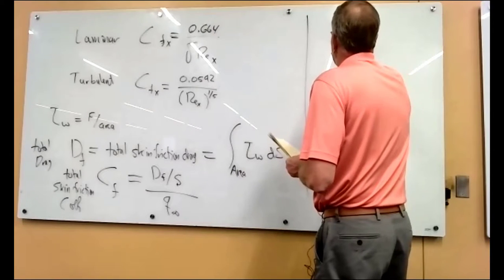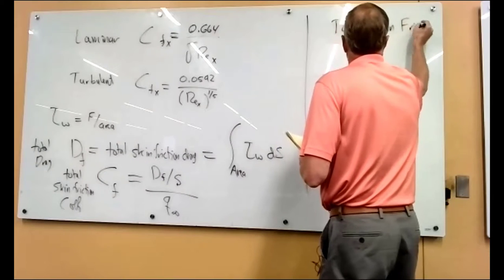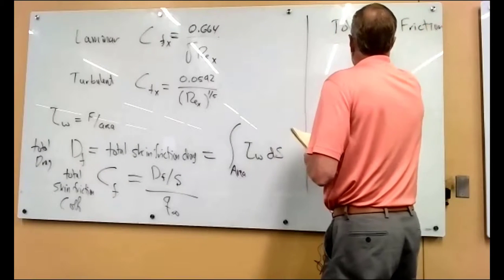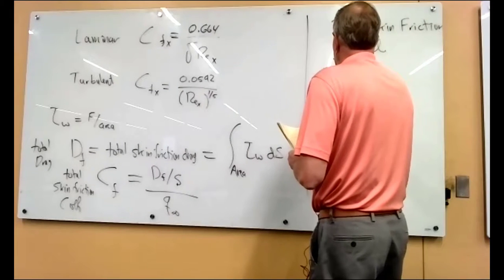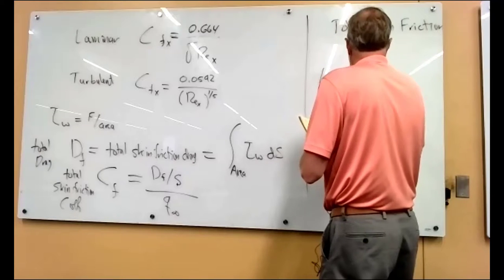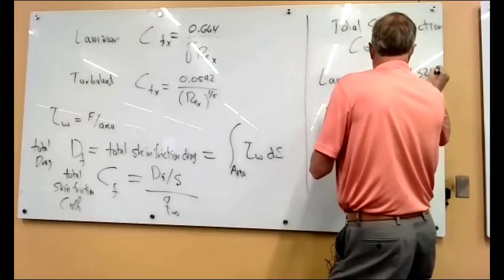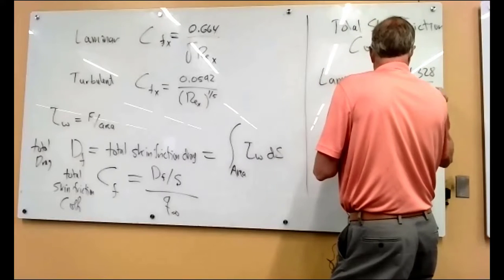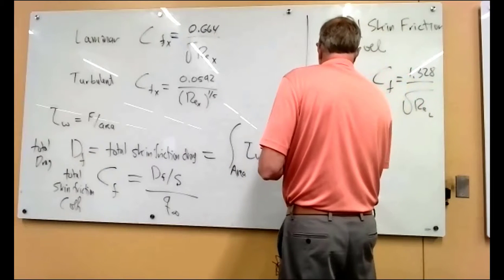So this is the total skin friction coefficient for laminar. For turbulent.